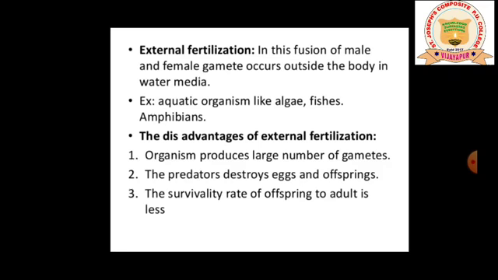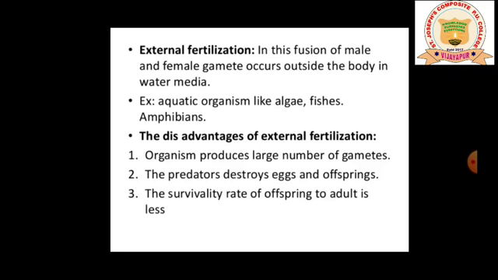External fertilization is nothing but the fusion of male and female gamete occurring outside the body in water media. That is, aquatic organisms like algae, fishes and amphibians are going to perform external fertilization. Till now we tried to understand what kinds of gametes are there, whether they are haploid or diploid, and how it is going to take place.